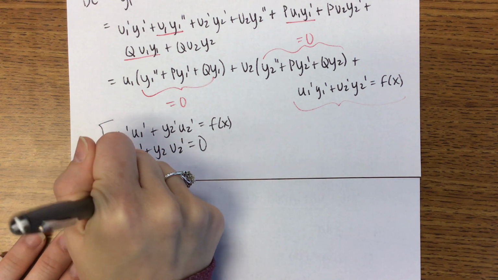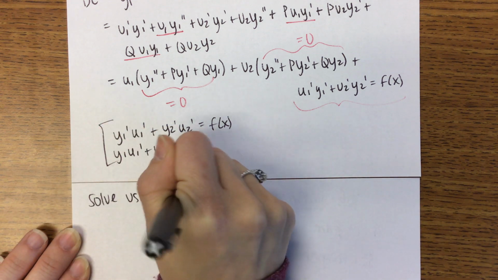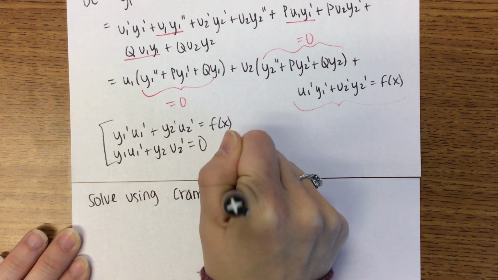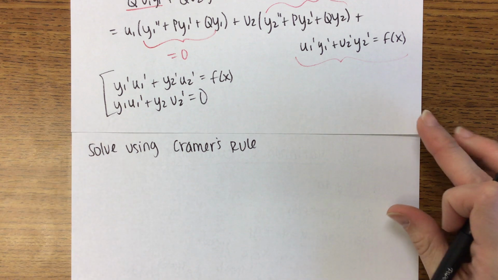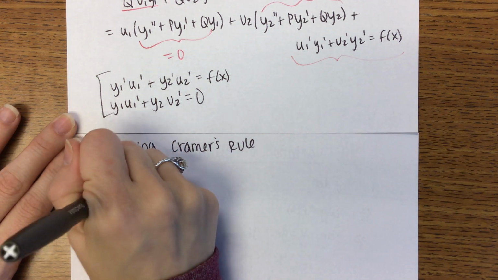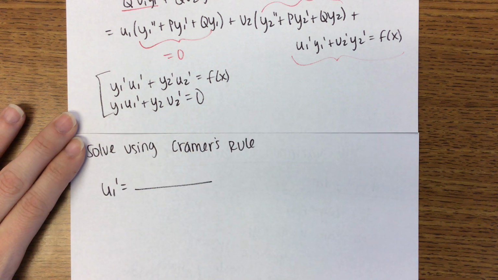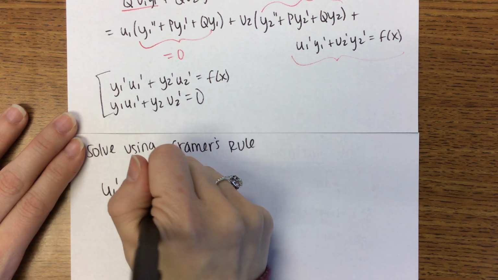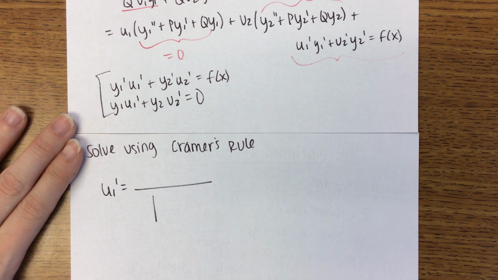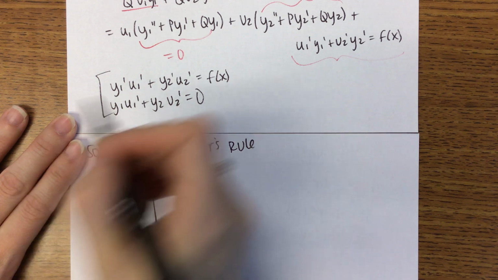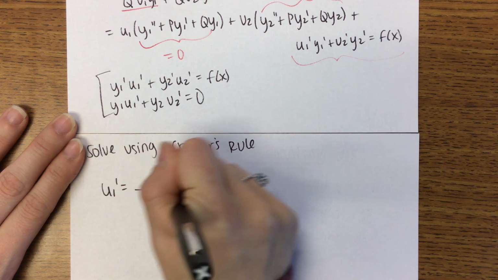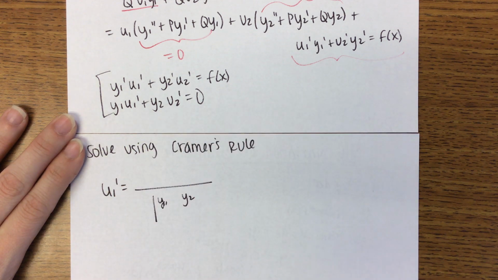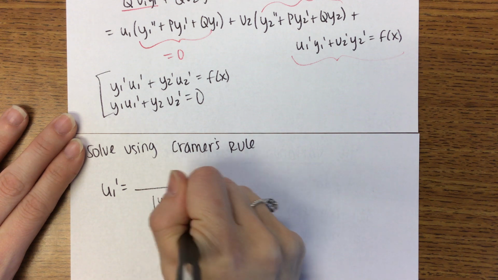We are going to solve using Cramer's rule. For u1 prime, in the denominator is the determinant of the matrix that has all of the coefficients. This one generally goes first. So we have y1, y2, y1 prime, y2 prime.